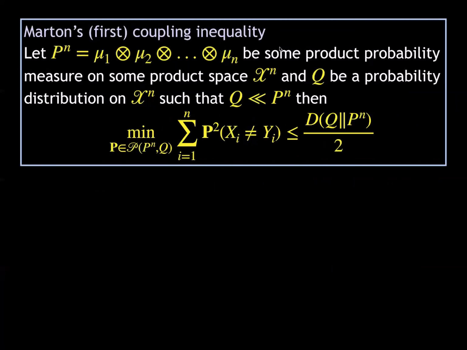So what does Martin's first coupling inequality say? Because as you will see, there is a second one, but the first one tells you that you can build a coupling between Q and Pn in a way that the sum of the squared probabilities that Xi is different from Yi is under control by the relative entropy between Q and Pn over 2.